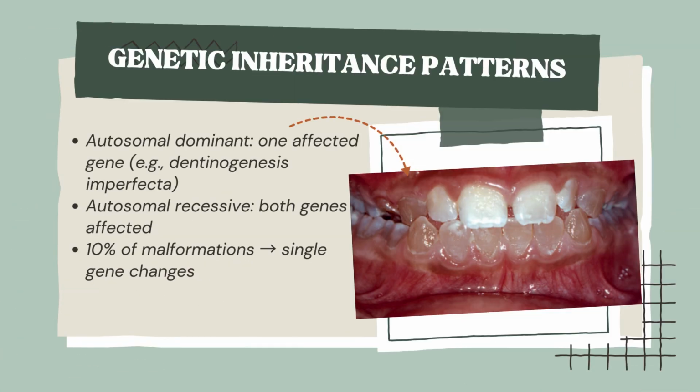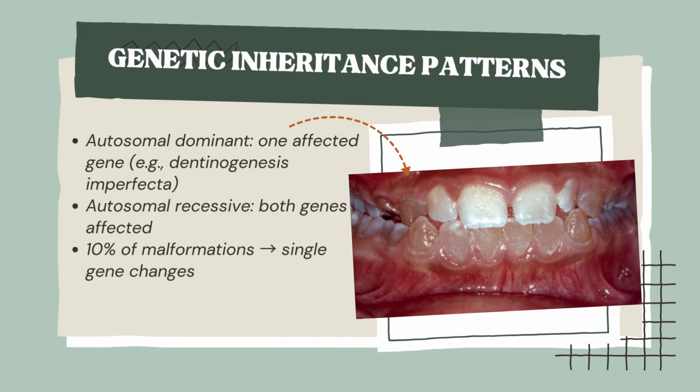Not all congenital conditions arise from chromosome abnormalities. Many result from single gene defects. About 10% of human malformations fall into this category. In autosomal dominant disorders, only one altered gene from either parent is enough to manifest the condition.